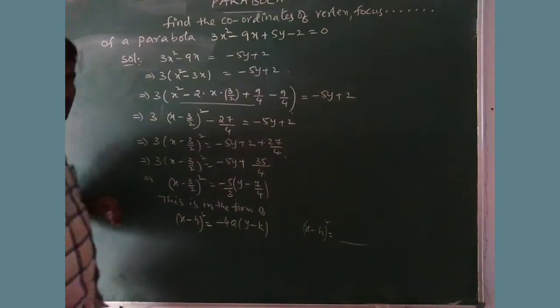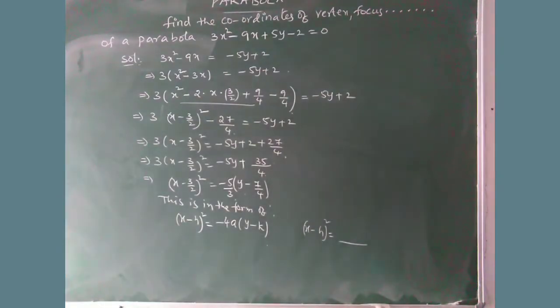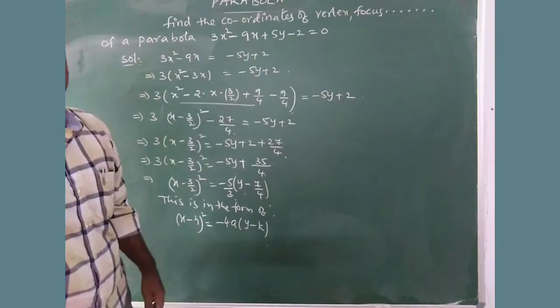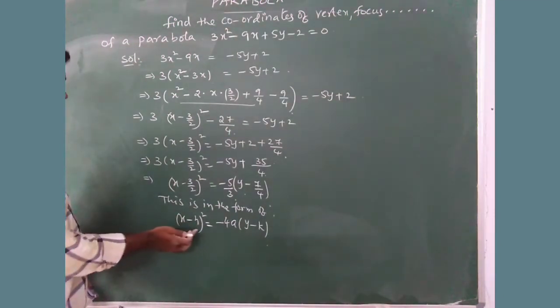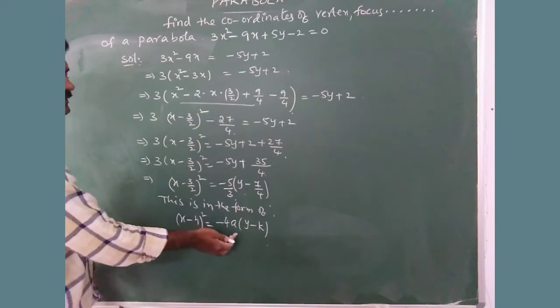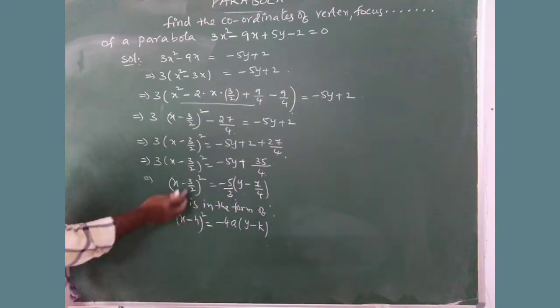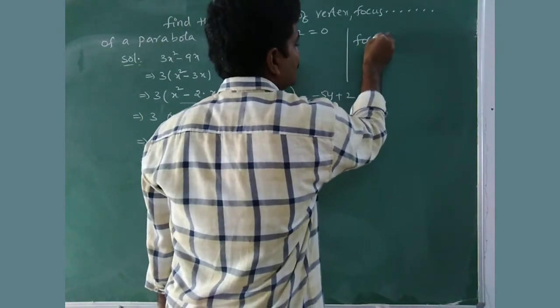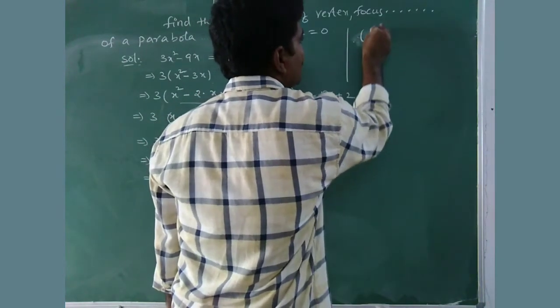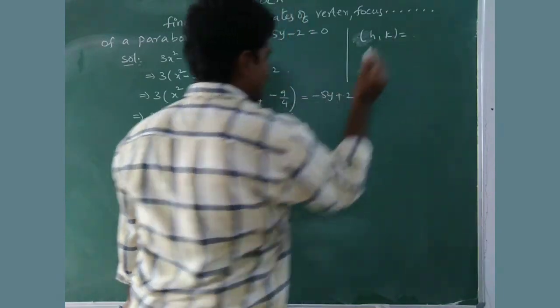Okay. So you can compare with x minus h whole square is equal to minus 4a into y minus k. Hence, can you tell me what is h comma k here? Therefore, focus. Before that, what is h comma k? Just tell me.